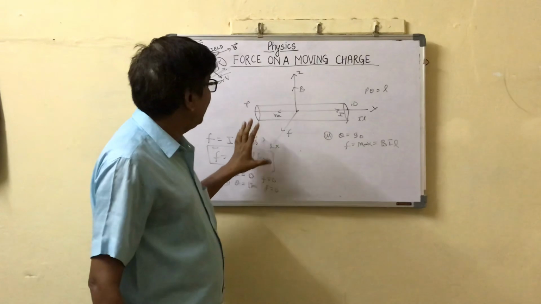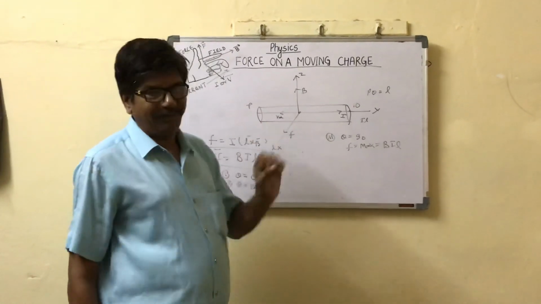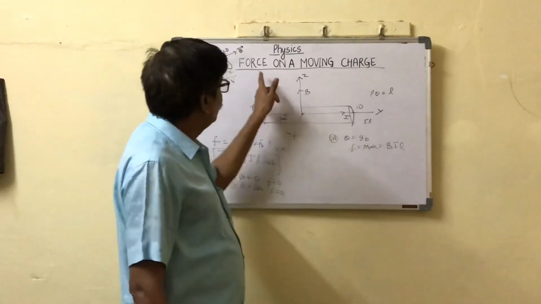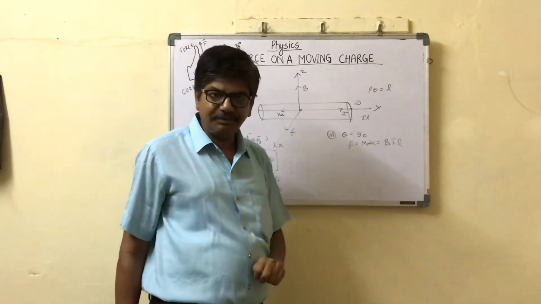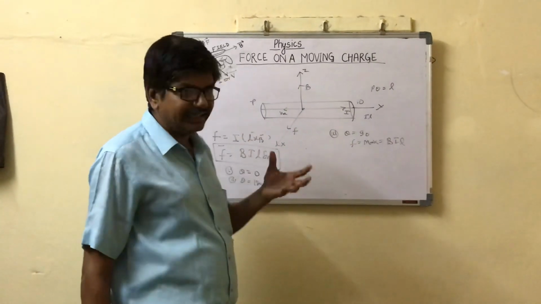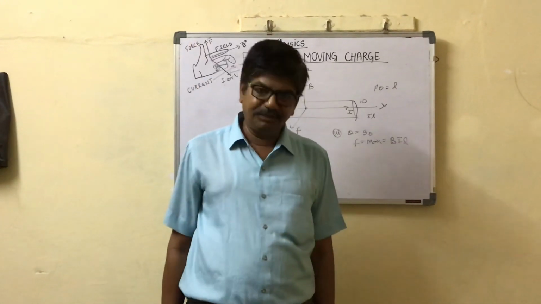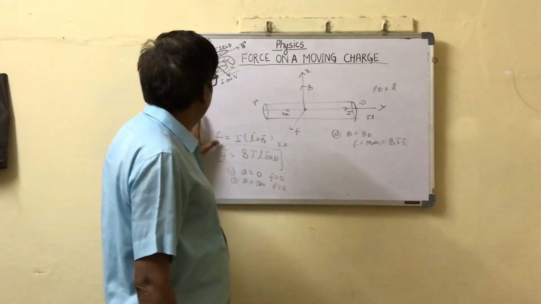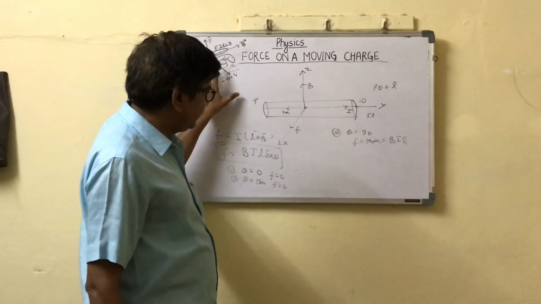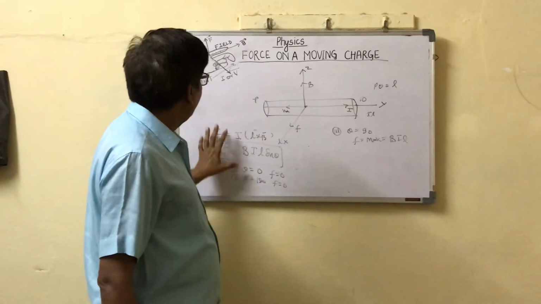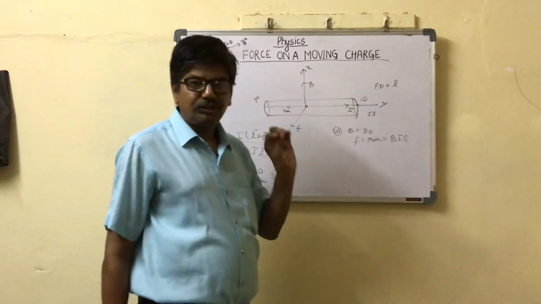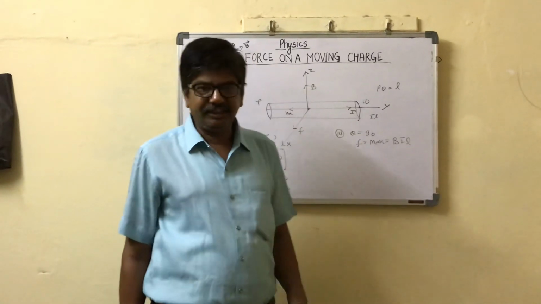So we have discussed two topics: first, force on a moving charge in a magnetic field, and second, force on a current carrying conductor placed in a magnetic field. The direction is given by Fleming's left hand rule. Okay, thank you very much.